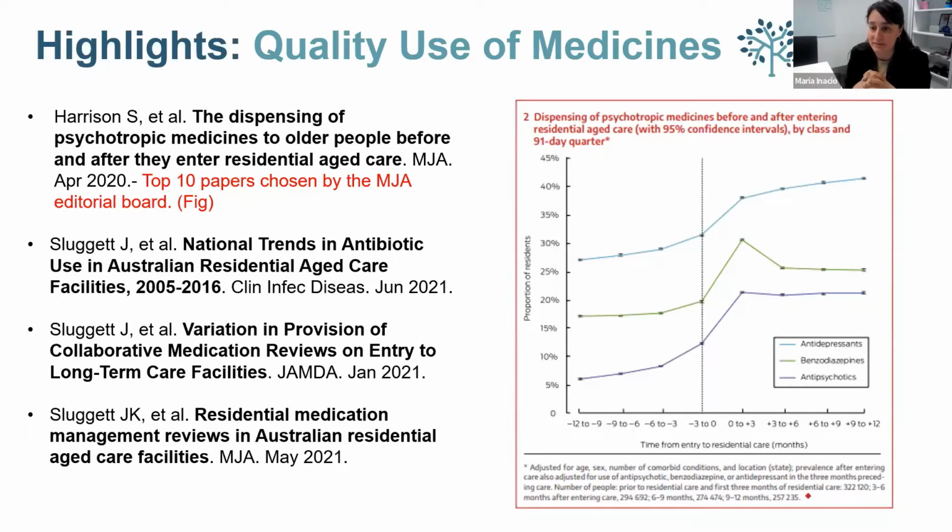Because of the nature of aged care and some of the challenges that it encounters, and also the makeup of my team, which includes quite a few pharmacoepidemiologists, we've spent a lot of time in the last few years trying to understand the quality use of medications in this setting.